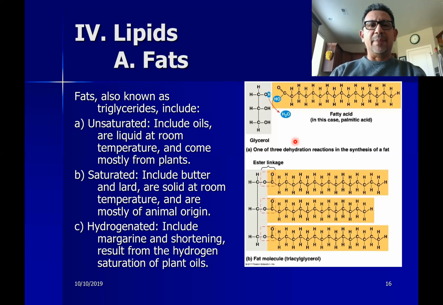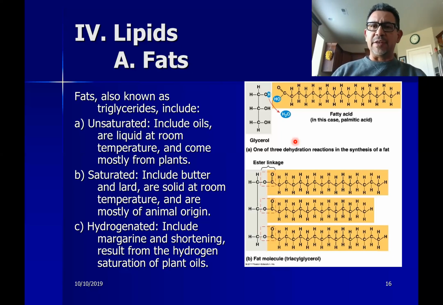And the third type are known as the hydrogenated fats. These are usually manufactured in an industrial setting. A factory will take what we know as unsaturated fats from plants, oils, and transform them for the purpose of increasing the shelf life of products we consume.